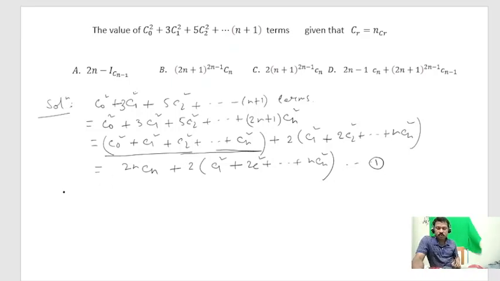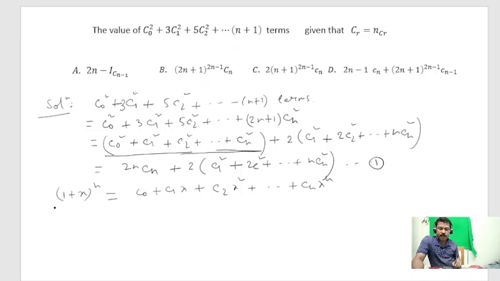Now as we know, 1 plus x whole to the power n equals C0 plus C1x plus C2x square and so on to Cn x to the power n.